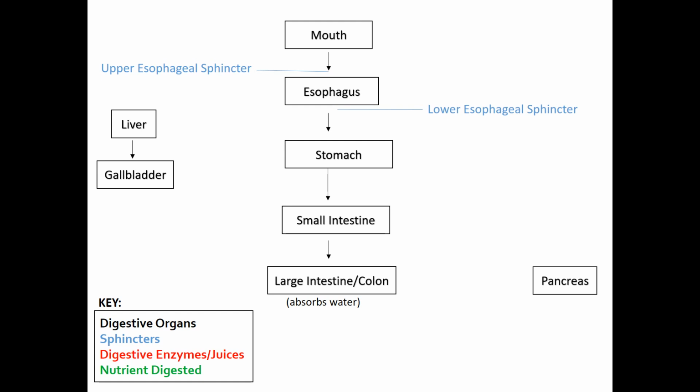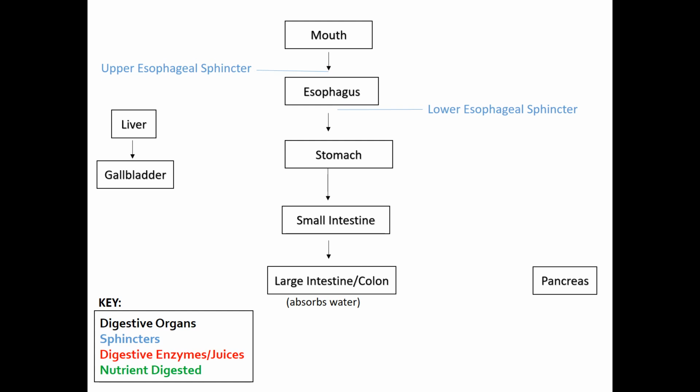So if you do have acid reflux or heartburn, that would be a sign that your lower esophageal sphincter is malfunctioning, because the lower esophageal sphincter is in between the esophagus and stomach and should be controlling that passageway. Sometimes this can be from things like really spicy foods, chocolate.